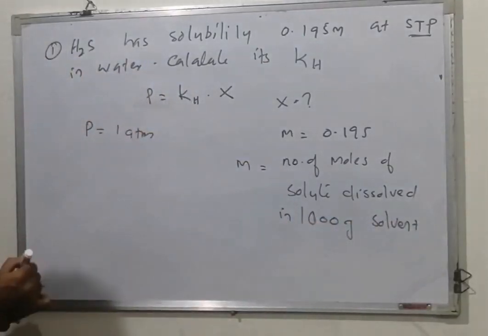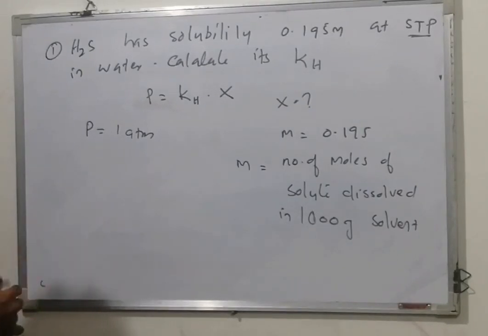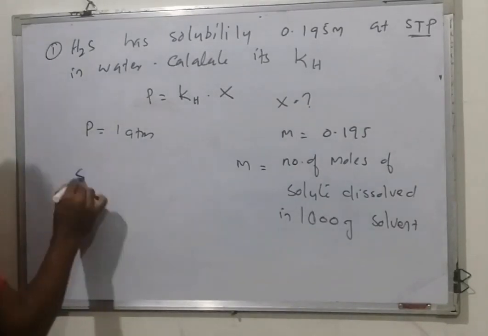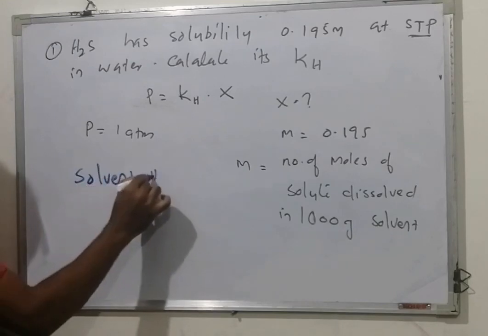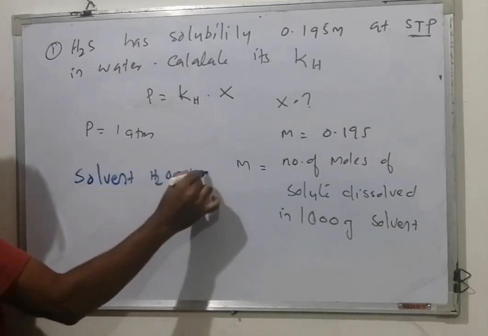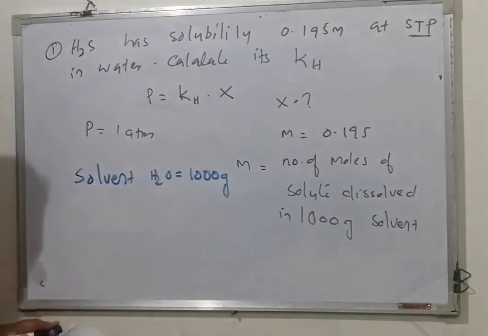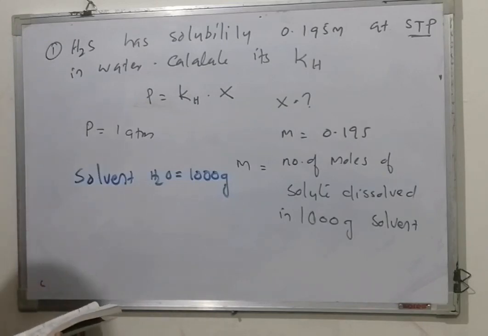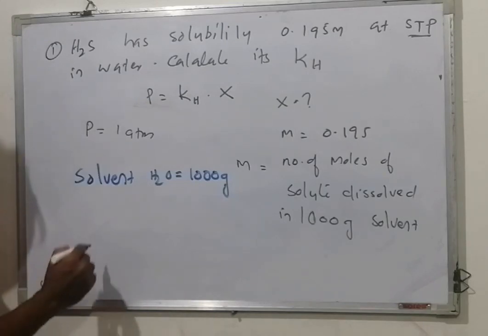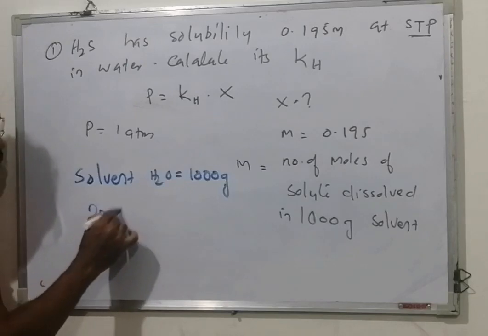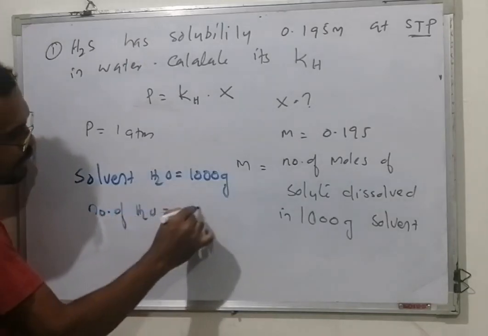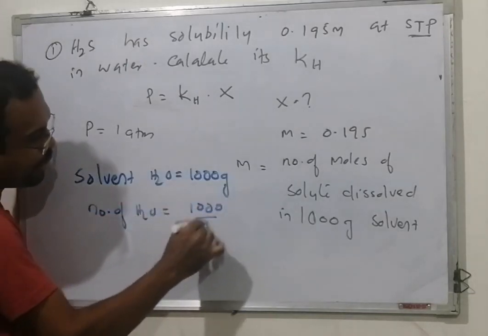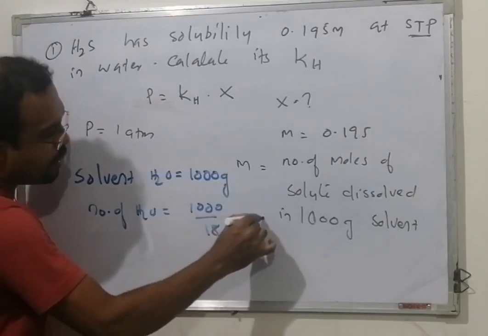Here the solvent is water, its mass is 1000 gram. Therefore, the number of moles of water is 1000 divided by 18, that is 55.55.